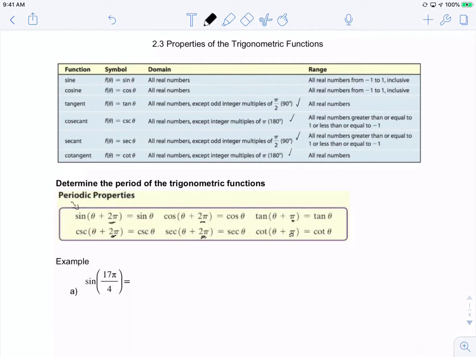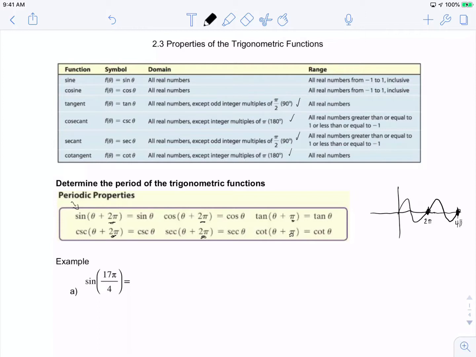So basically, if I were to graph sine for you, don't worry if you don't totally understand. It's okay. It's going to look something like this. And you can see that at every 2 pi marker, you're in the same position.